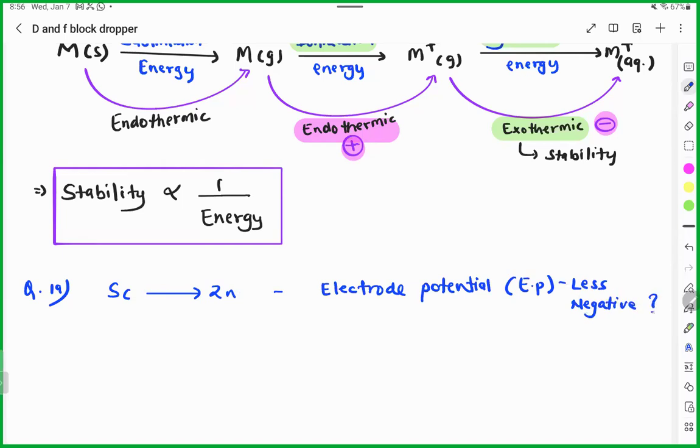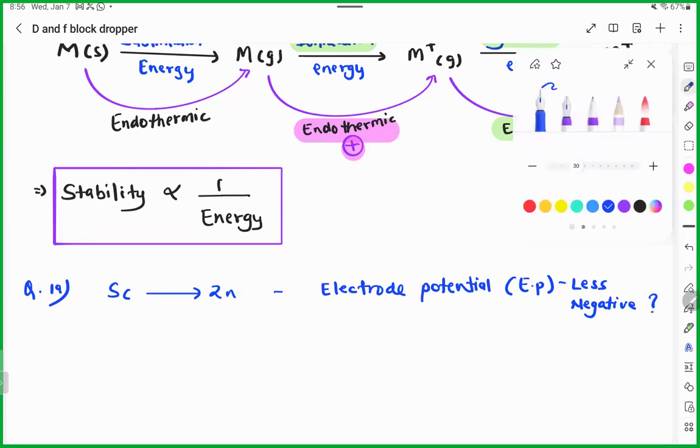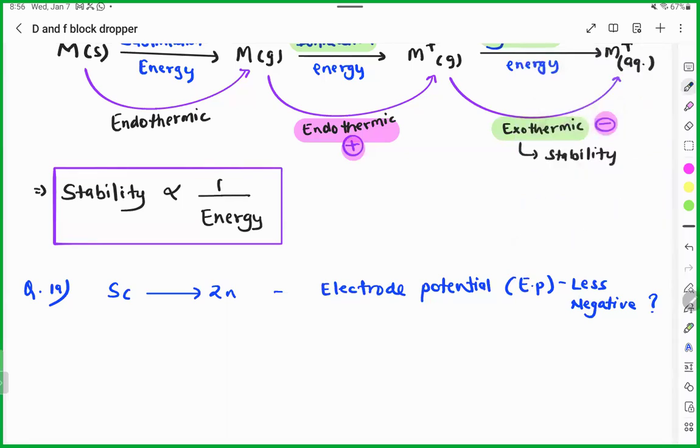Why? Who will tell? Sandana. Less negative means slightly positive, right? Or the positive segment is increasing with time.